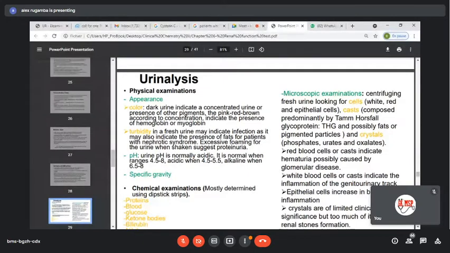The turbidity may indicate infection. I gave you the example of Escherichia coli infection, Klebsiella infection, Neisseria gonorrhea, and other infections. So if turbidity is present, there's a problem. And you check the pH, and you also check the specific gravity.